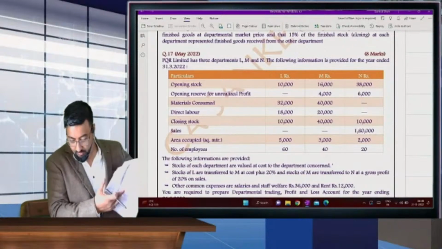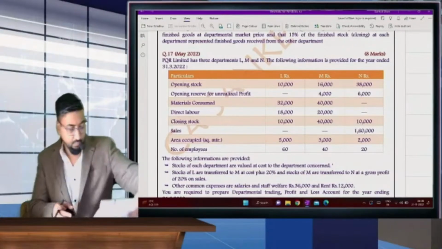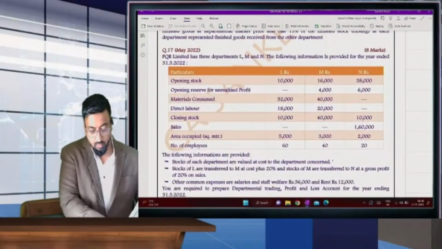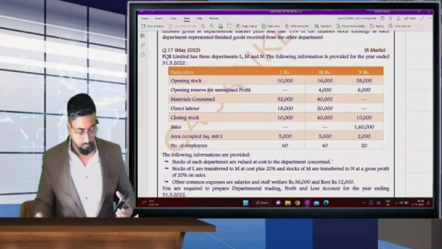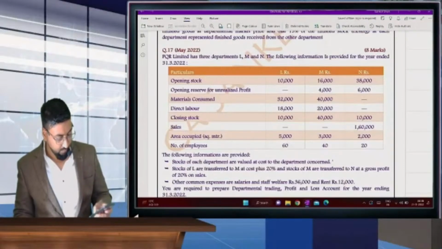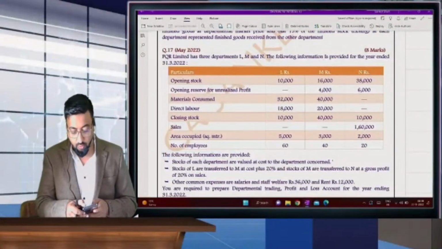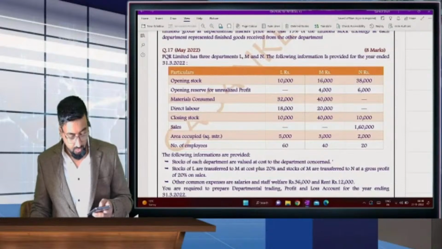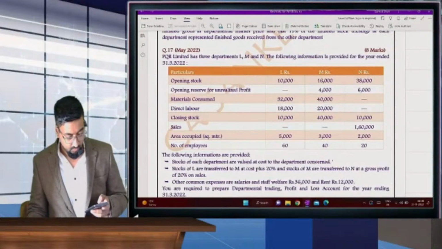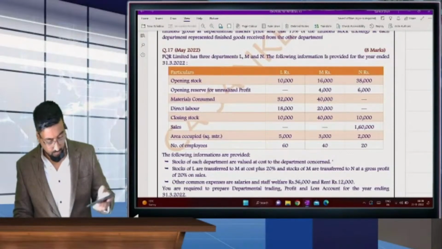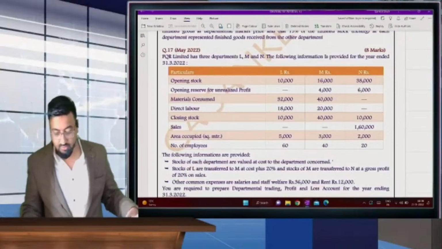Okay. May 22 question. Chalo. So let's start with May 22 question. May 22, have you tried, beta? Any one of you? Question number 17. Chalo. Everyone is saying, sir, question number 17.